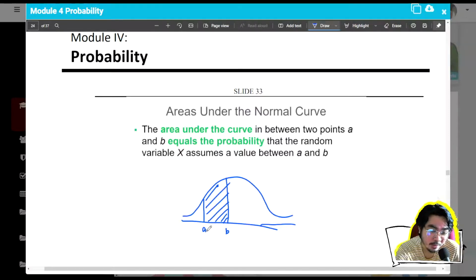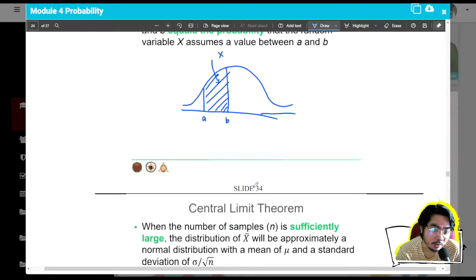Pero basically, if you have something that looks like this, A to B, yung area under the curve from that particular value A to B, that is the probability na si random variable x mo assumes that particular value. Okay?